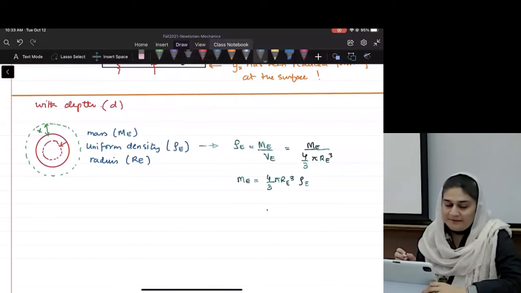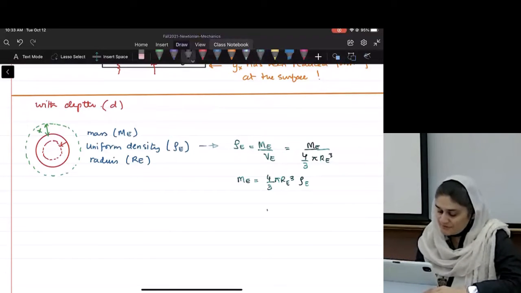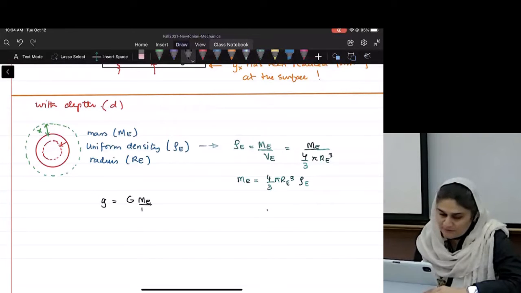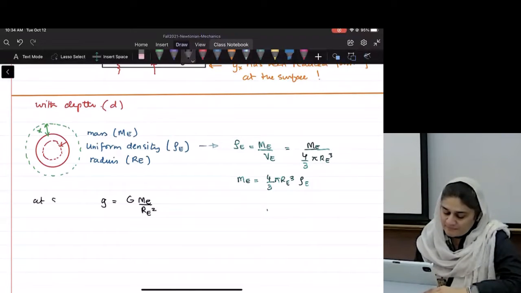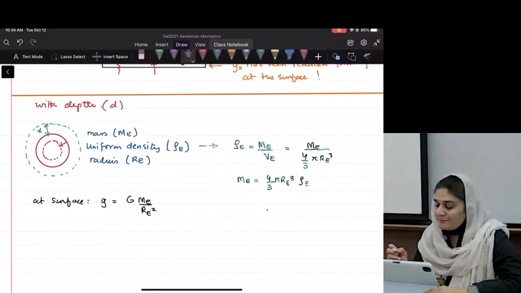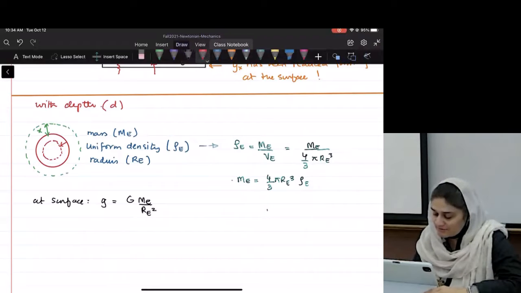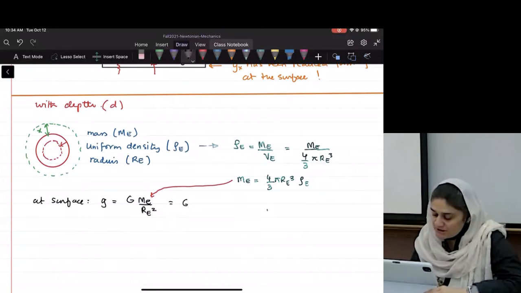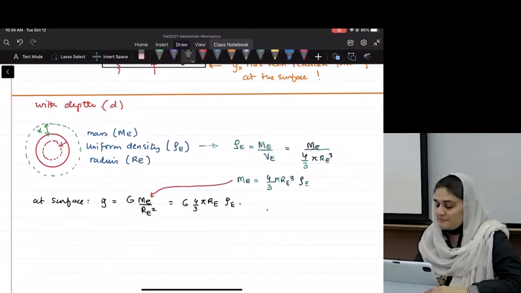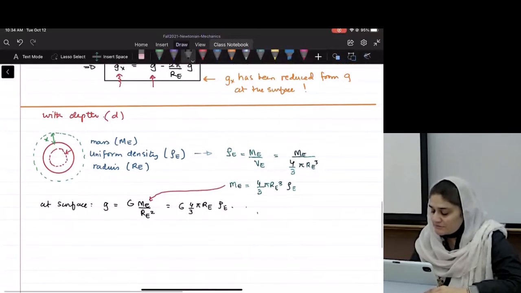Did I write my value of g as G ME over RE squared at the surface? May I plug this in here? Will I get g equals G 4/3 pi RE rho E at the surface? May I call this equation 3?